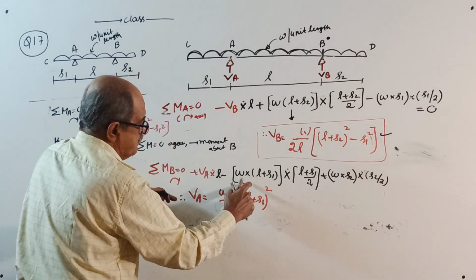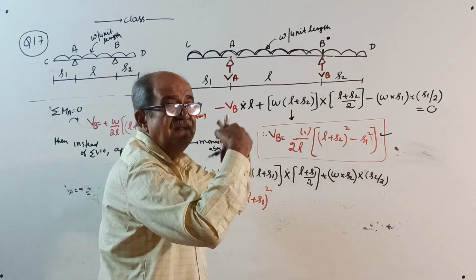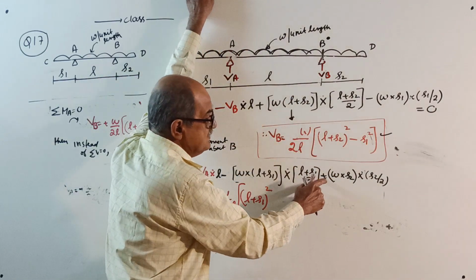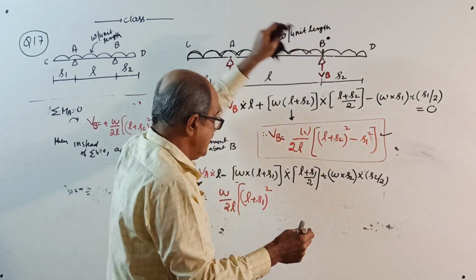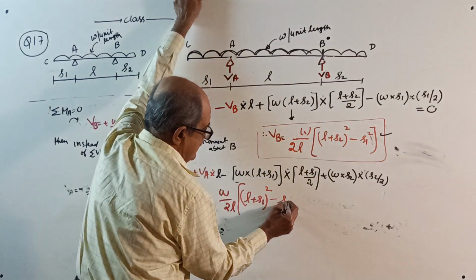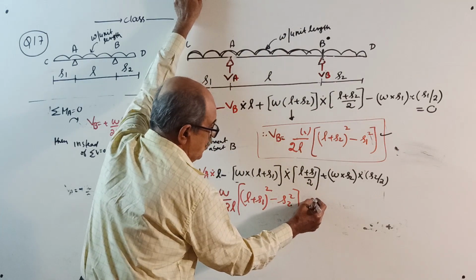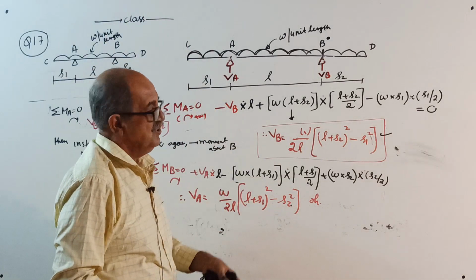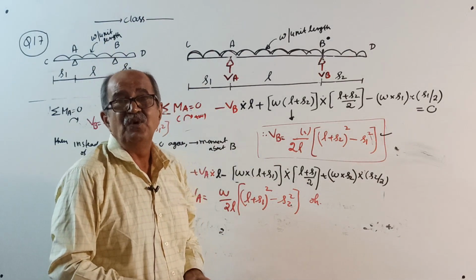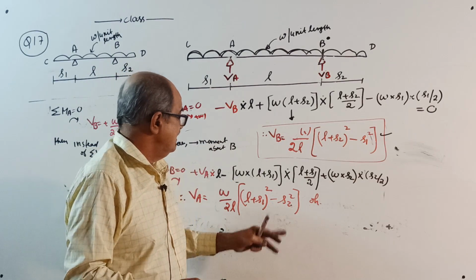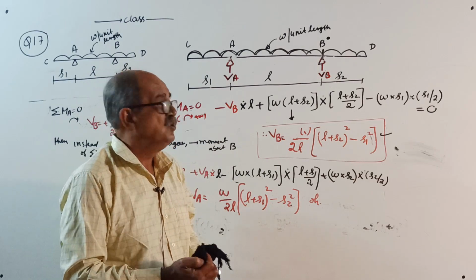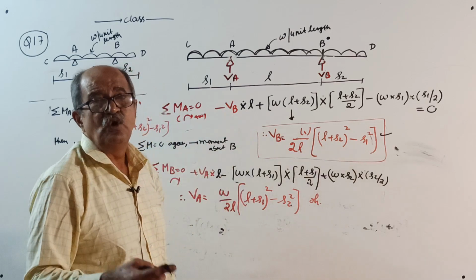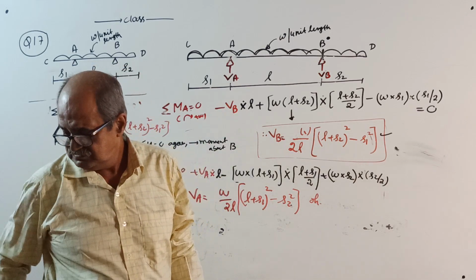This is plus because the minus on this side becomes plus on that side, and the plus on this side becomes minus on that side: minus S2 square. You can see exactly the answer you got just now. Very fast we got it. Therefore, one advantage, and this has some meaning also. Now I will write the result and go for further discussion.